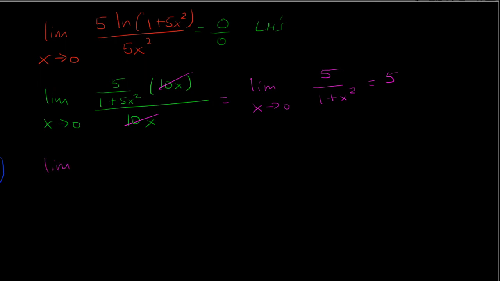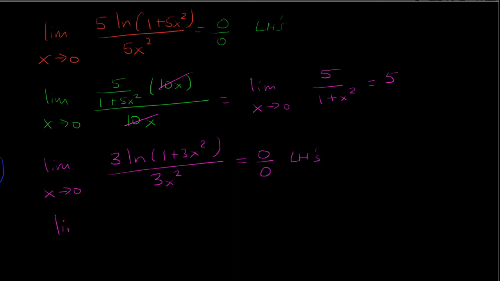Similarly, if we look at the limit as x approaches 0 of 3 ln of 1 plus 3x squared over 3x squared, I get 0 over 0. So I use L'Hopital's rule. So I have the limit as x approaches 0 of 3 over 1 plus 3x squared times 6x over 6x.